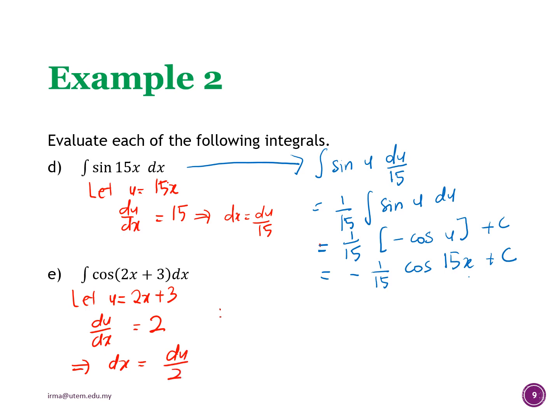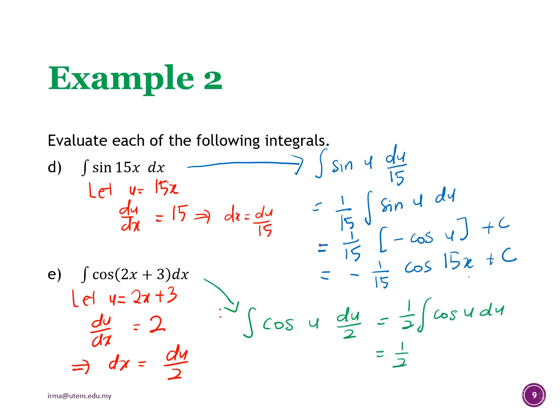Now, just bring it here. So the integral becomes cos u dx, where dx is du over 2. So 1 over 2, and then integrate cos u du.